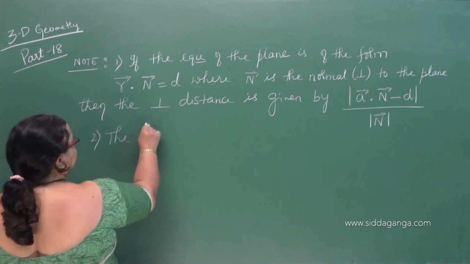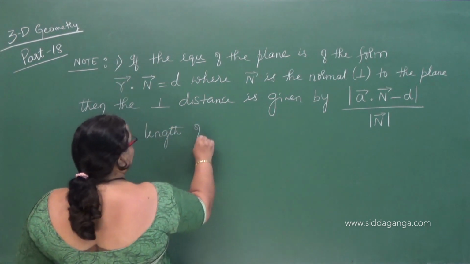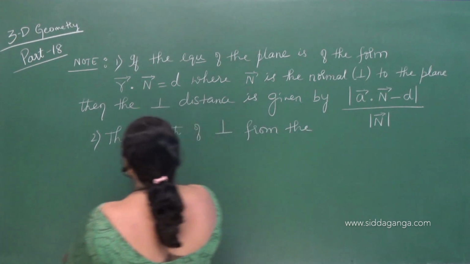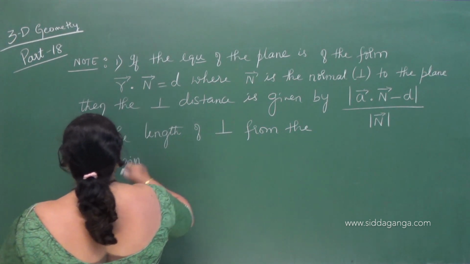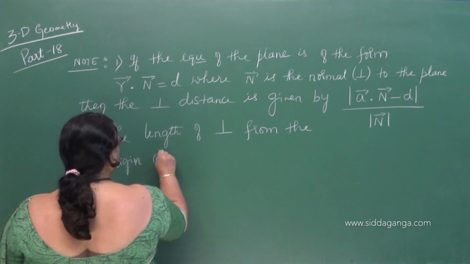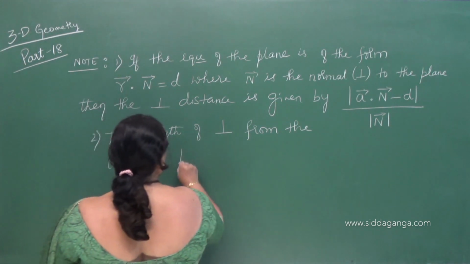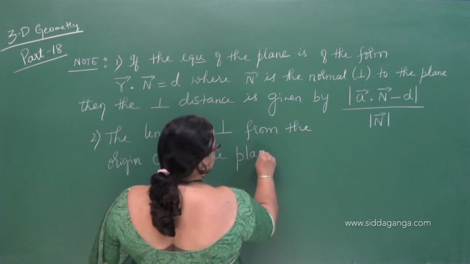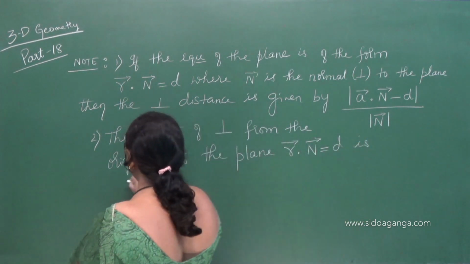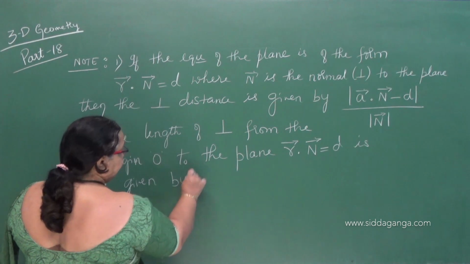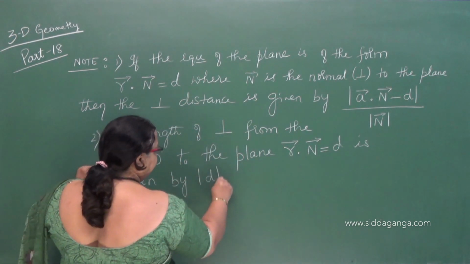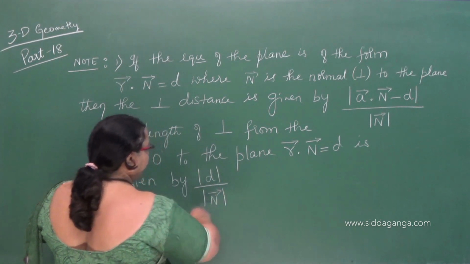Next, the second point: the length of the perpendicular from the origin O to the plane vector r dot vector n equal to d is given by the formula magnitude of d divided by magnitude of vector n, since this term becomes 0.